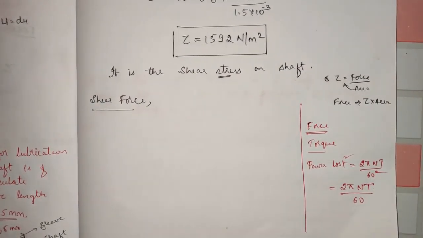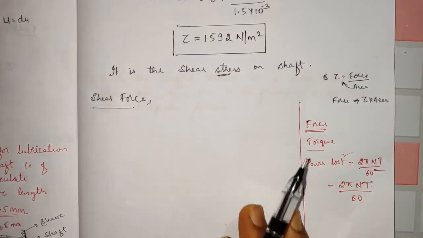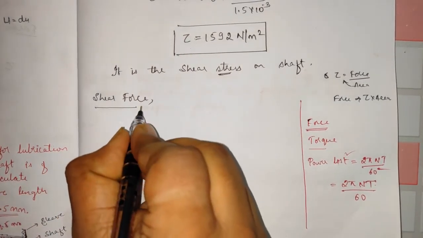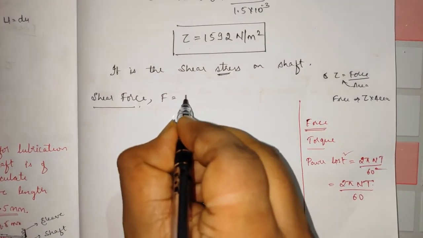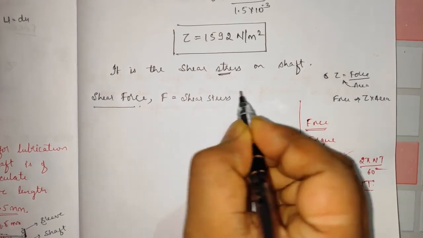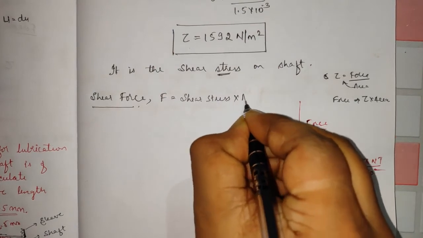Now shear force, right? It is the shear stress. I need to find the shear force. I know the diameter of the shaft is given, and the cross section of the pipe is circular, right? So force is equal to shear stress into area.